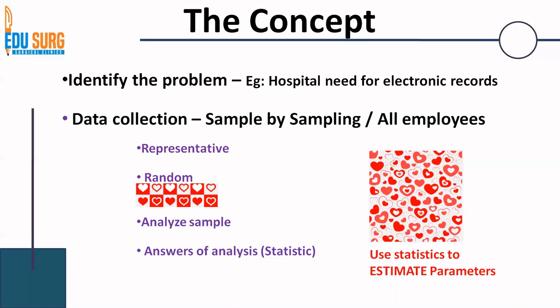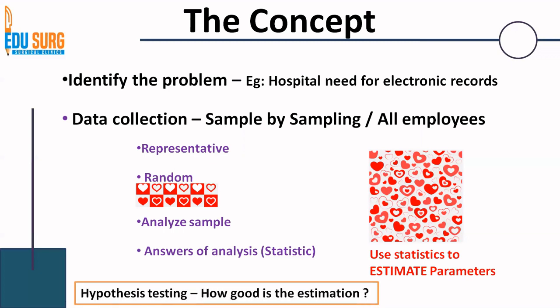What this means is that suppose we have selected 200 employees out of 2000. If 100 of them say that yes, electronic records are important, then that should be an estimate that around 1000 out of 2000 will say that electronic records are important. This is what is meant by use of a statistical value to estimate the parameter, right?